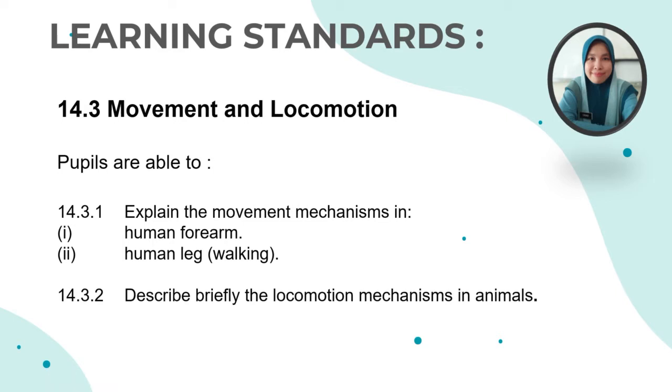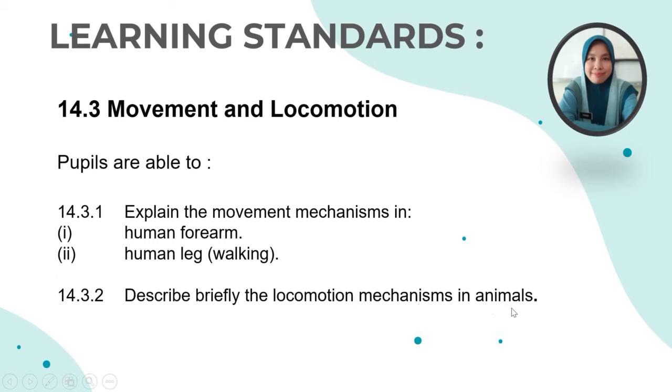Pupils are able to, first, explain the movement mechanisms in the human forearm and also the human leg during walking. Second, describe briefly the locomotion mechanism in animals.